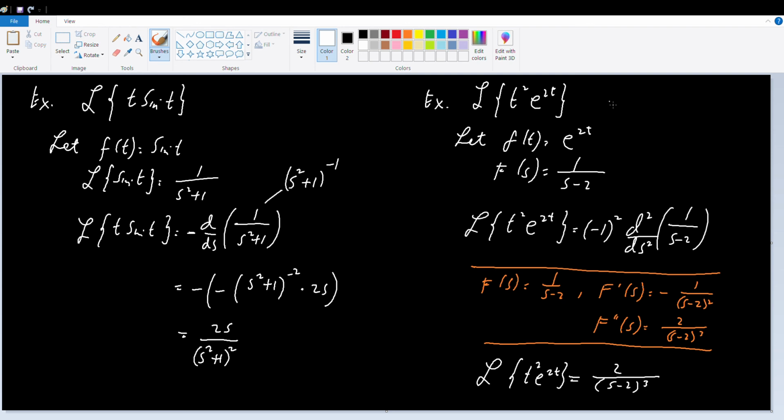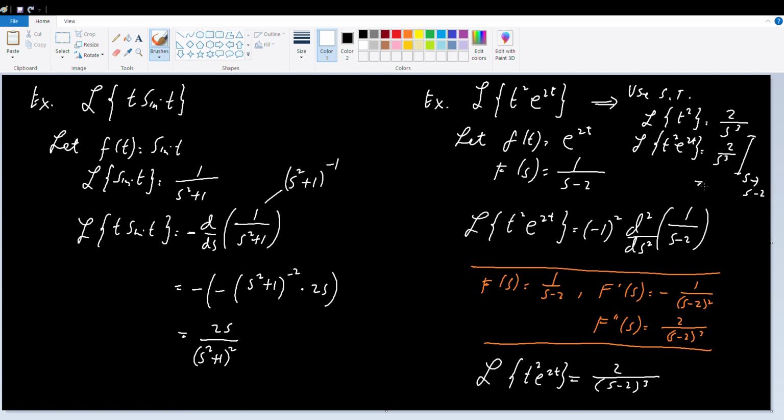Let us apply the shifting theorem. Use the shifting theorem. So, the Laplace transform of t squared is 2 factorial over s raised to 2 plus 1. And then, the Laplace transform of t squared e to the 2t will be 2 over s cubed, but s is changed to s minus 2.